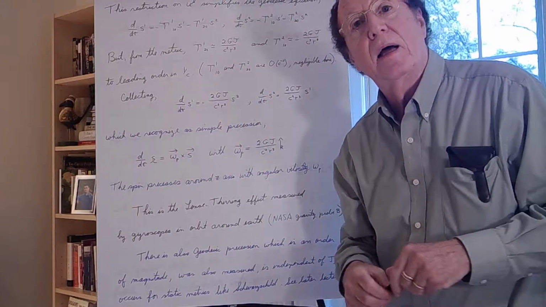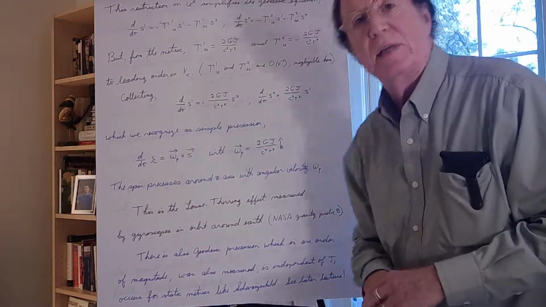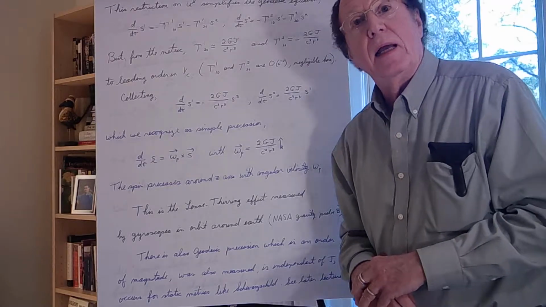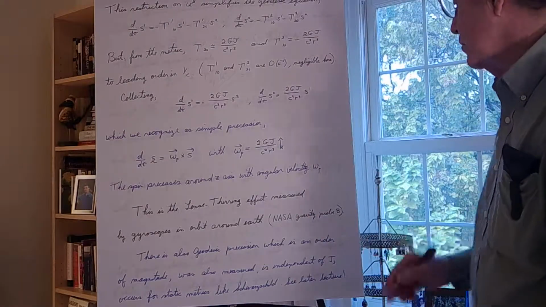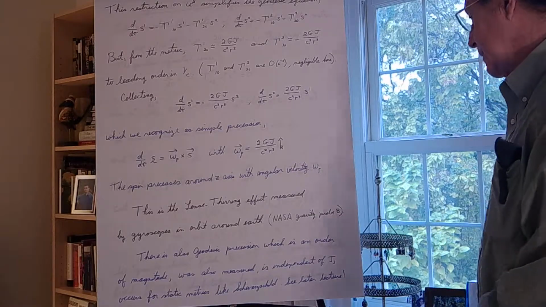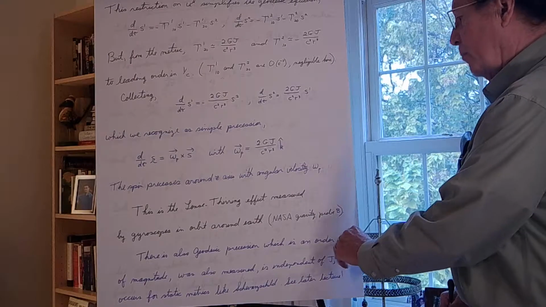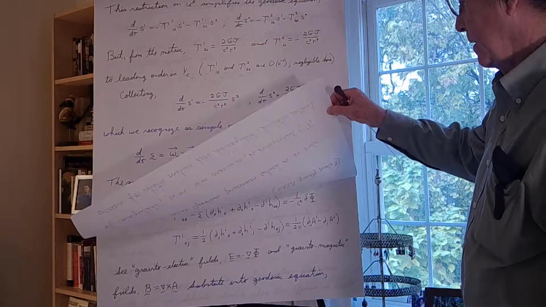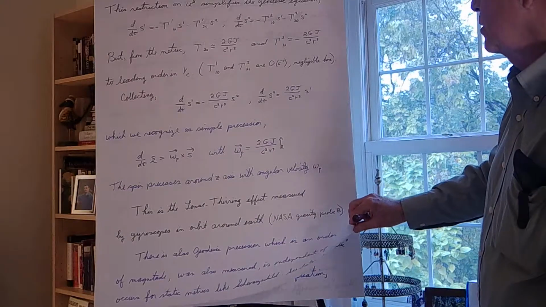We would also find a precession for it. That's called geodesic precession, and it's a much larger effect than this one. That was also measured in NASA's experimental probe, Gravity Probe B, and I give you the website for that in the notes.